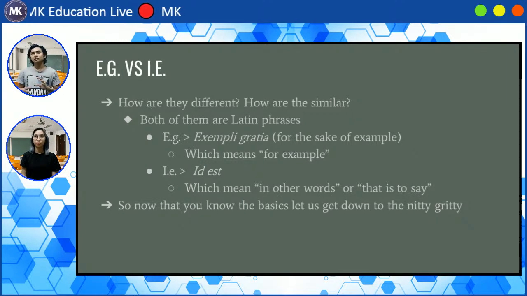And in English, it means "for example." I.e., on the other hand, is the acronym for the Latin id est, which means "in other words" or "that is to say." So now you know the very basics of what e.g. and i.e. are. Now let's go into the nitty-gritty or the specifics.